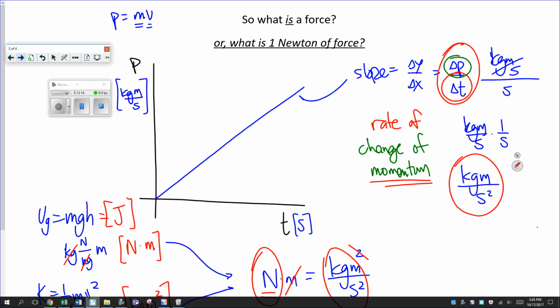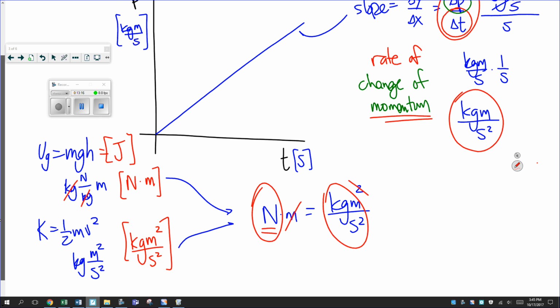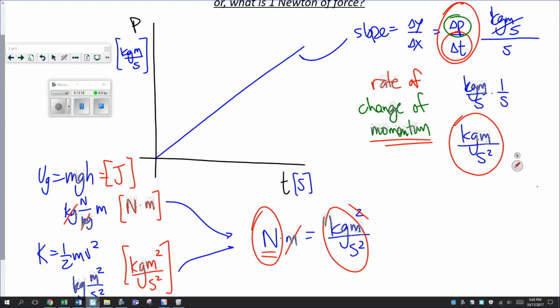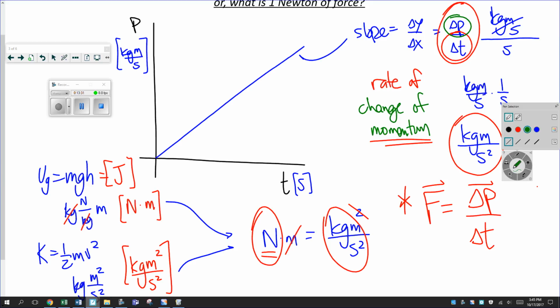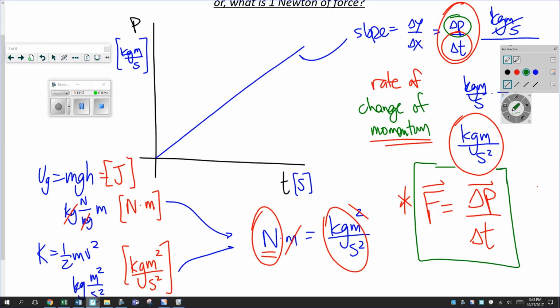But it's not only that force causes the rate of change of momentum, force is the rate of change of momentum. So by definition, force is delta P over delta T. I put those vector symbols there because the direction of a force is always the same as the direction of the change in momentum that it causes.